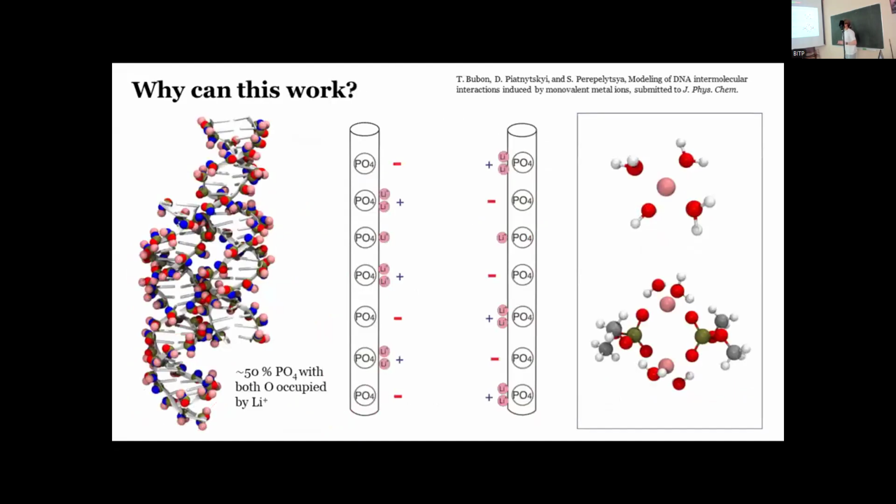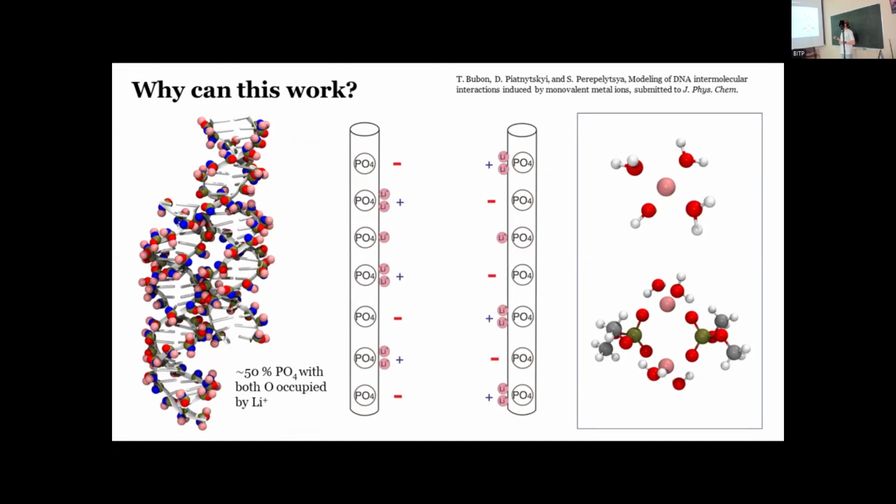So you can ask why this can work at all. Both our MD and DFT calculations provide the molecular mechanism of the DNA association in the lithium chloride system. The first thing, as I repeated once again, is that the lithium ions have a very strong binding affinity to the DNA phosphate groups.